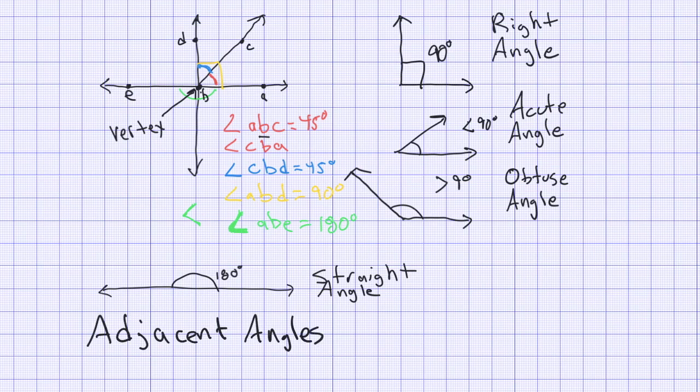Adjacent angles are angles that are right next to each other. In this case, our adjacent angles would be angle ABC and angle CBD. Okay, so they're next to each other.